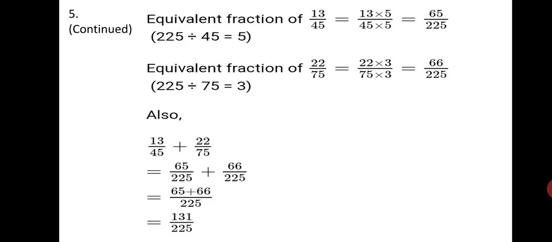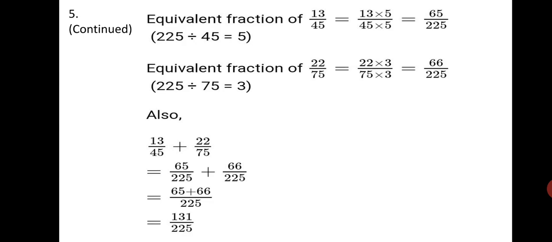You found out just now in the previous steps that 225 is the LCM. So to get 225 in the denominator, you will do some rough work. That is, 225 you will divide by the given denominator 45, which is equal to 5. Once you get the answer 5, you know that you have to multiply the denominator by 5, which will give you 225 as the denominator.